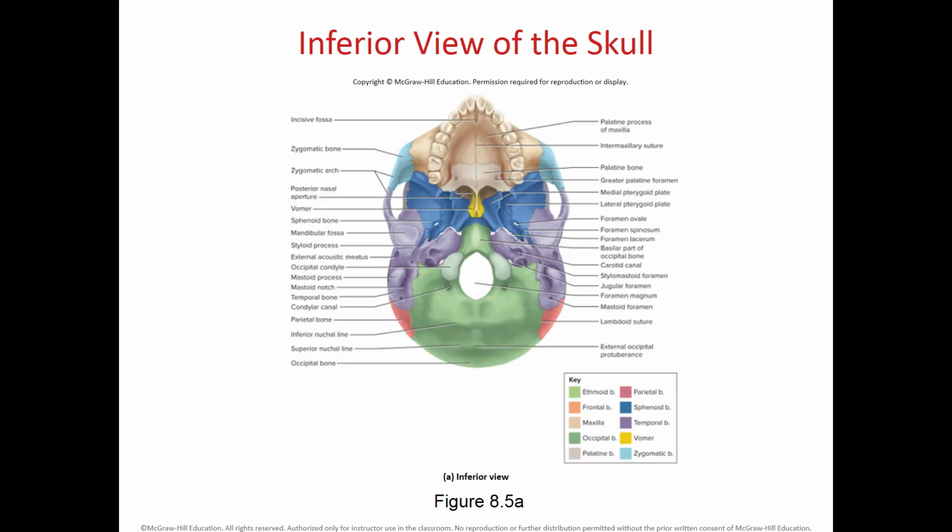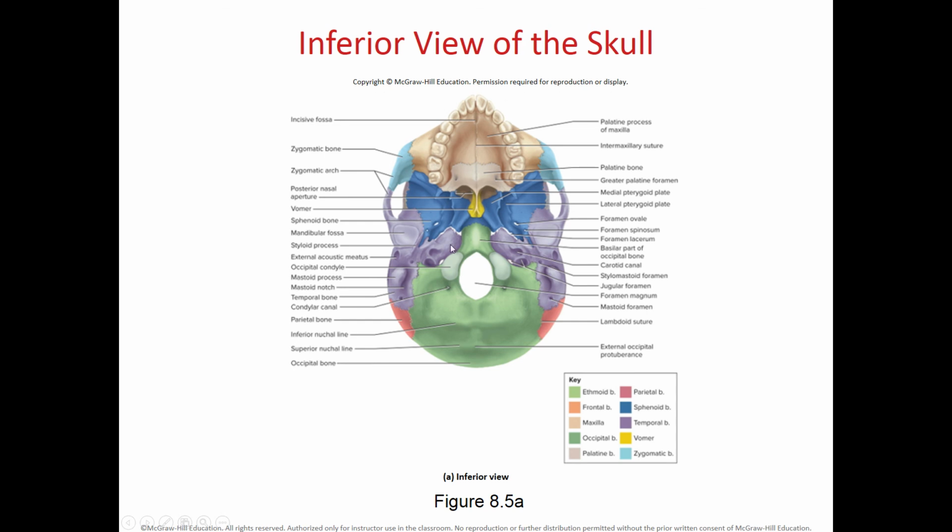Now, this is the inferior view of the skull. So in the inferior view of the skull, you can see different bones. You can see the petrous part of the temporal bone, which is this. And then you can see the vomer, which is one bone that helps to divide the nasal cavity into right and left.